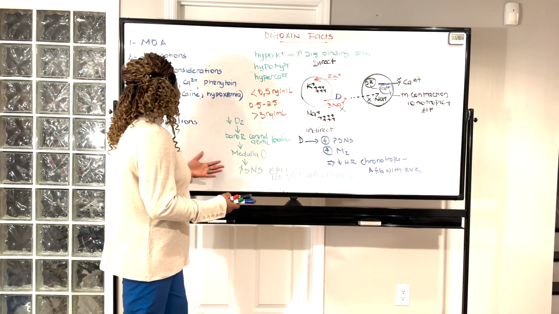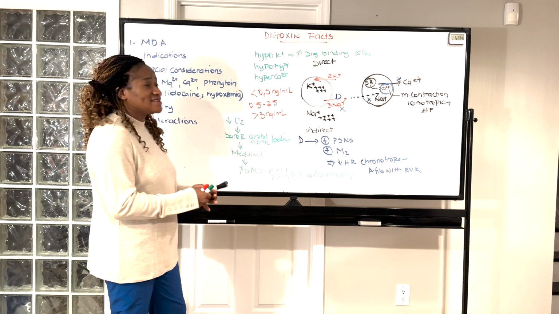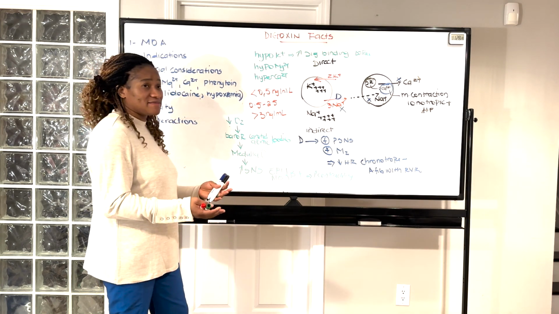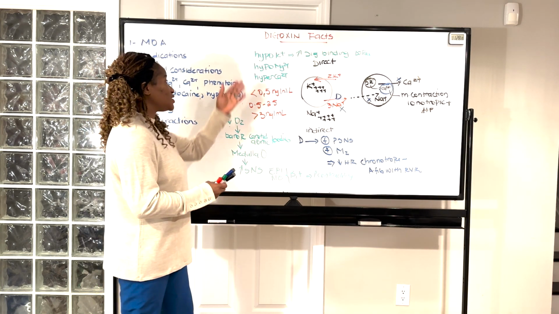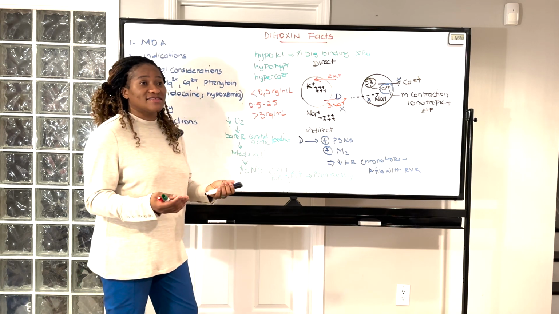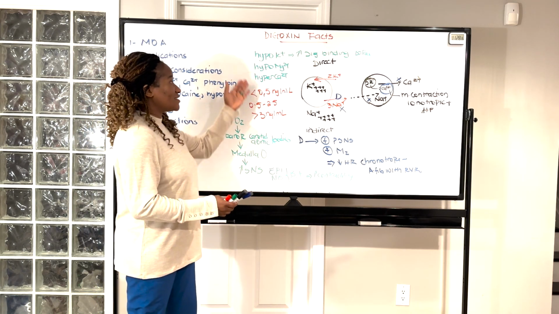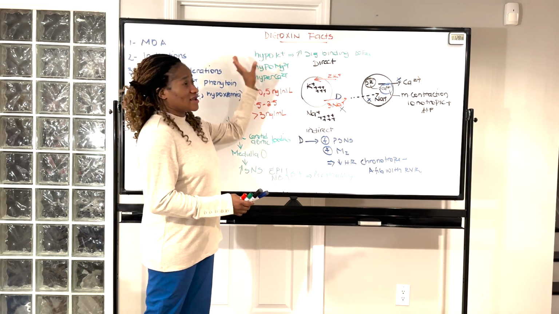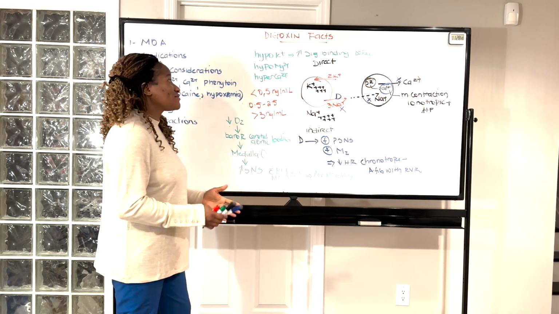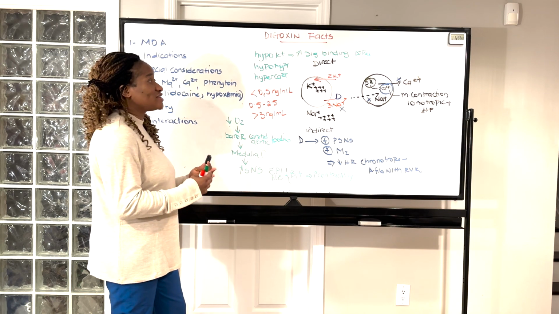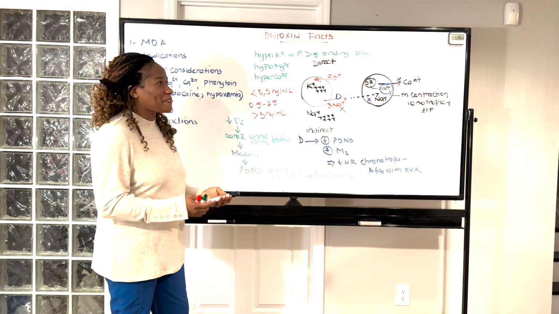You want to make sure that when you give your ACE inhibitors and your ARBs, and everything that is going to flush your potassium out, your potassium level is within the normal range, so as not to increase your risk of digoxin toxicity.